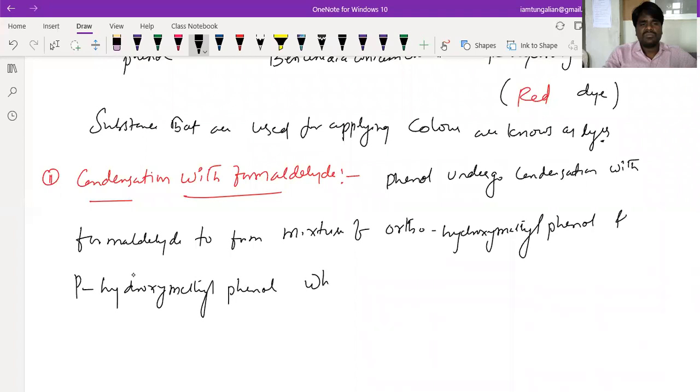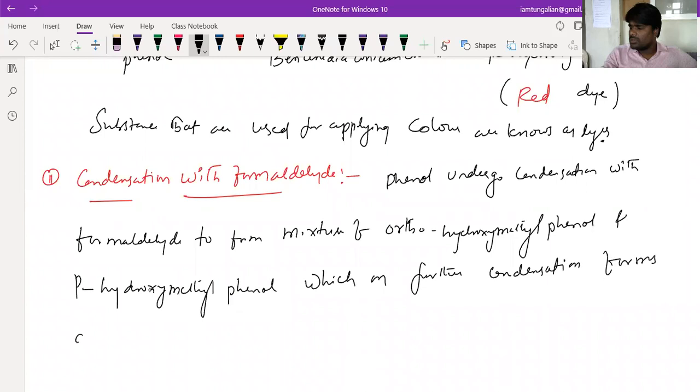Which on further condensation forms a cross-linked polymer known as bakelite.